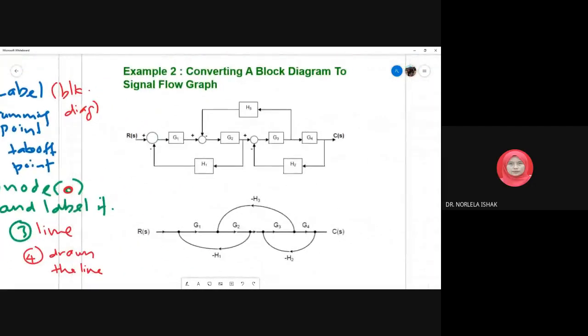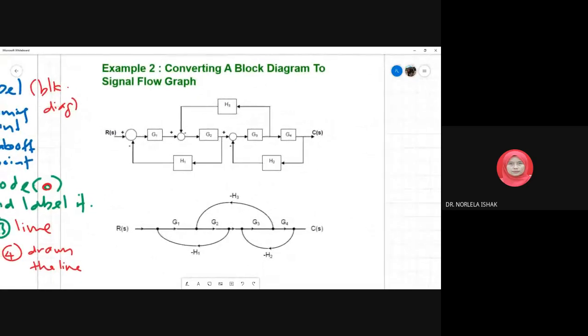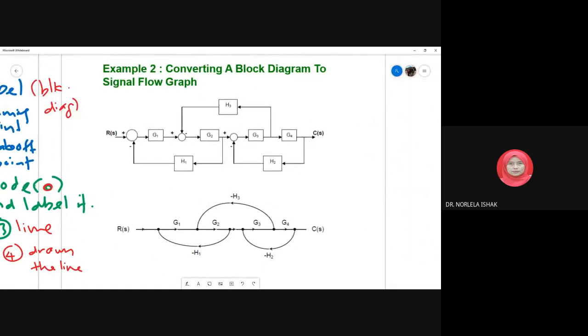Okay, similar with this example 2. So first you have to calculate the knots, right? This is knot number 1, this is knot number 2, knot number 3, knot number 4, knot number 5, knot number 6.